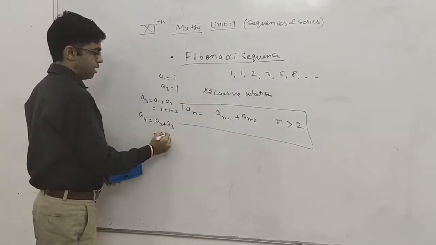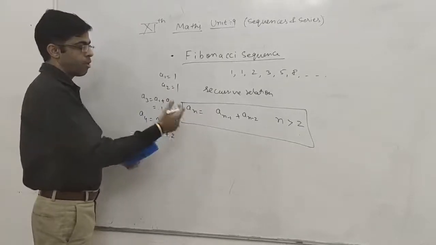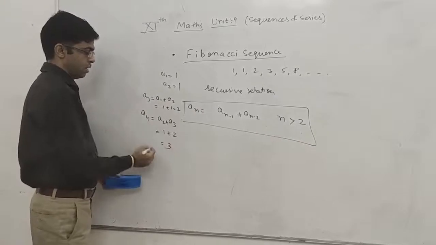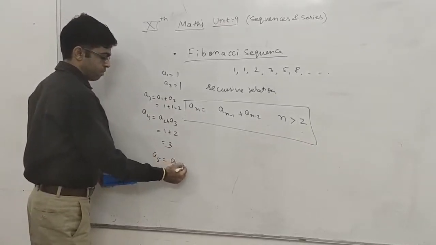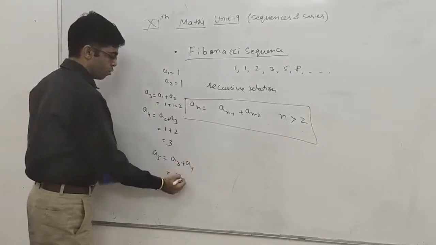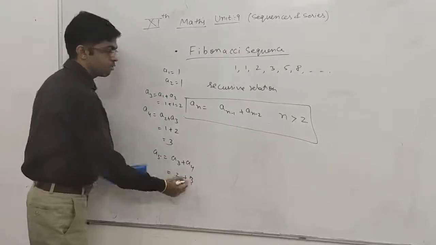The second term is 1 and the third term we found is 2, so this is 3. Similarly, the fifth term is the fourth term plus the third term. The third term is 2 and the fourth term we found is 3, so 3 plus 2 is 5.